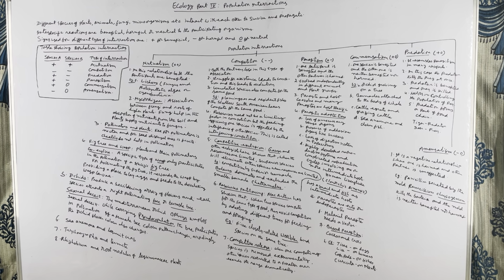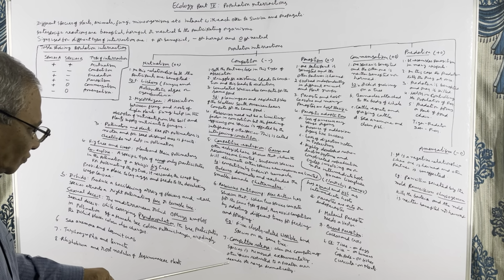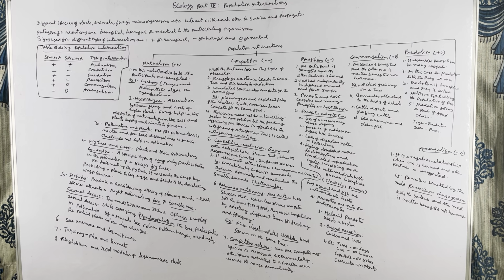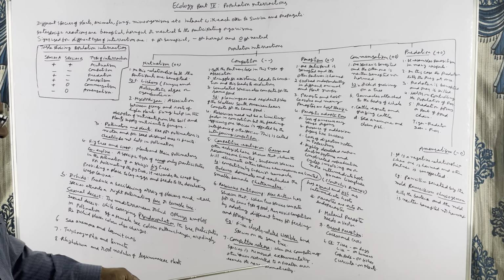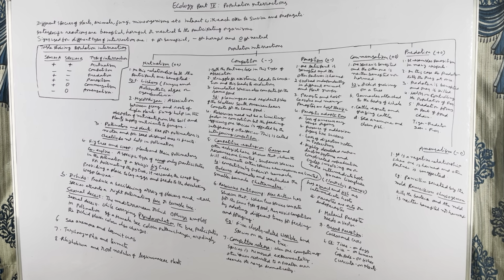Then, competitive release. If two different species of organisms compete for the same food, what happens? If you remove one competitor, the other competitor will increase in its numbers and its area. So, if one competitive partner is removed experimentally, not in nature but experimentally, the other species which was restricted earlier to a smaller area spreads to a large area within a short time.